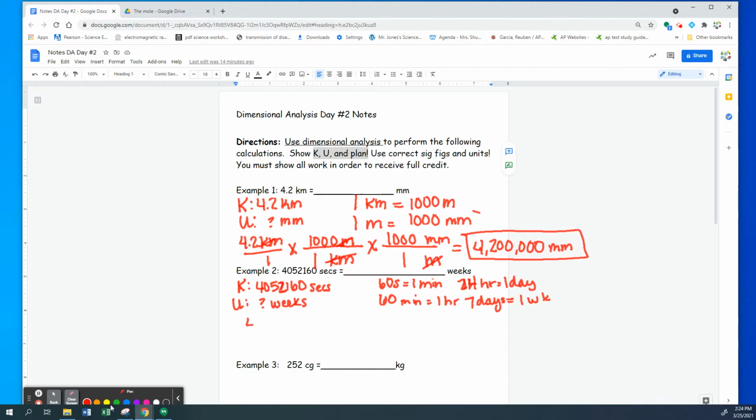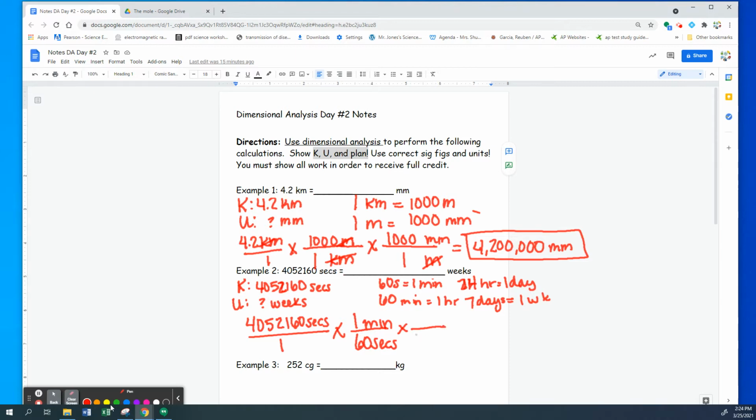So my known is 4,052,160 seconds. I'm going to put that over 1. So seconds is on top. My seconds is going to go on bottom. The number that goes with seconds is 60. And 60 seconds equals 1 minute.